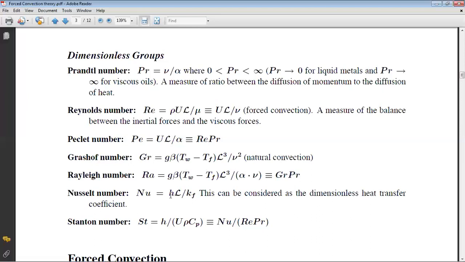So based on that, you need to first calculate the value of Nusselt number using empirical relations. Then you need to calculate the value of heat transfer coefficient using the relation Nusselt number is equal to hL upon K.